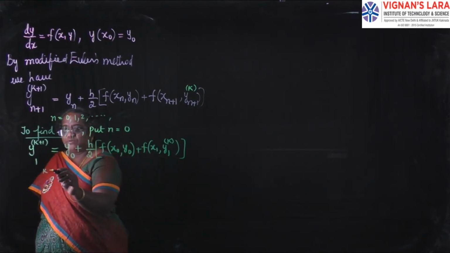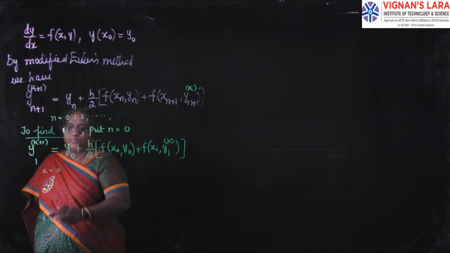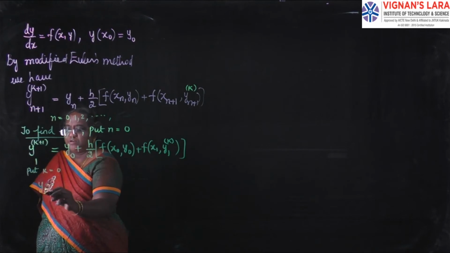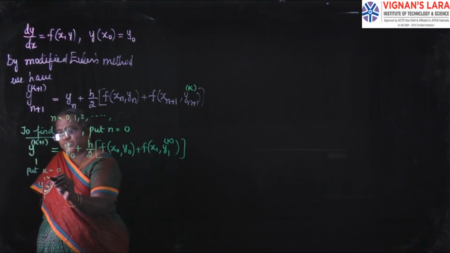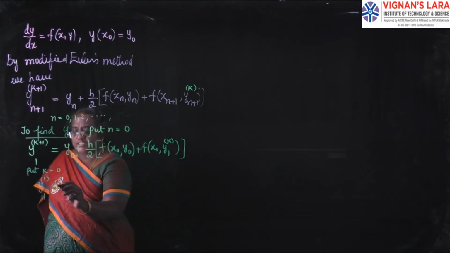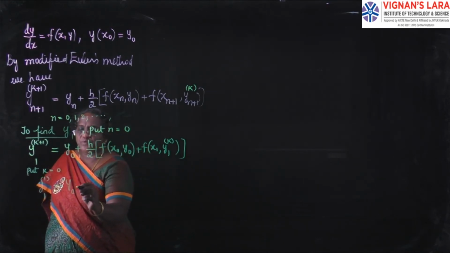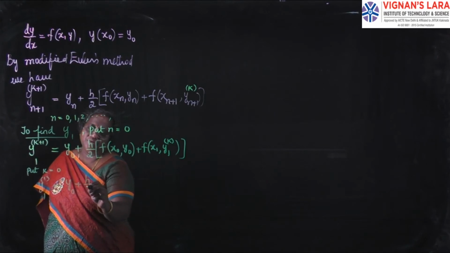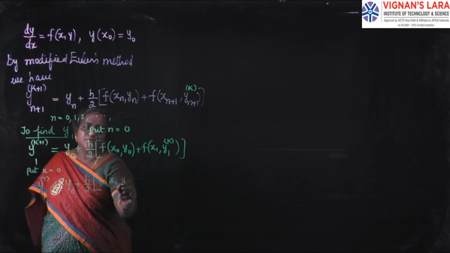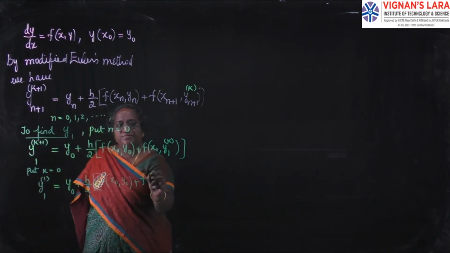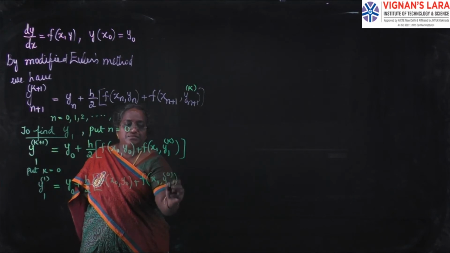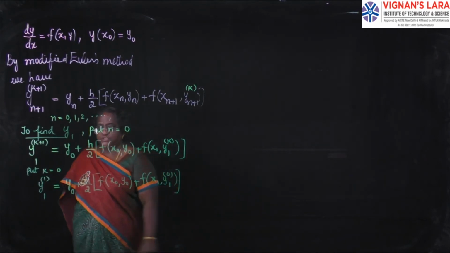Put k is equal to 0. Now what do we get? The first approximation of y1 is equal to y0 plus h by 2 into f of x0 y0 plus f of x1 y1 0th approximation, because we have taken k as 0.